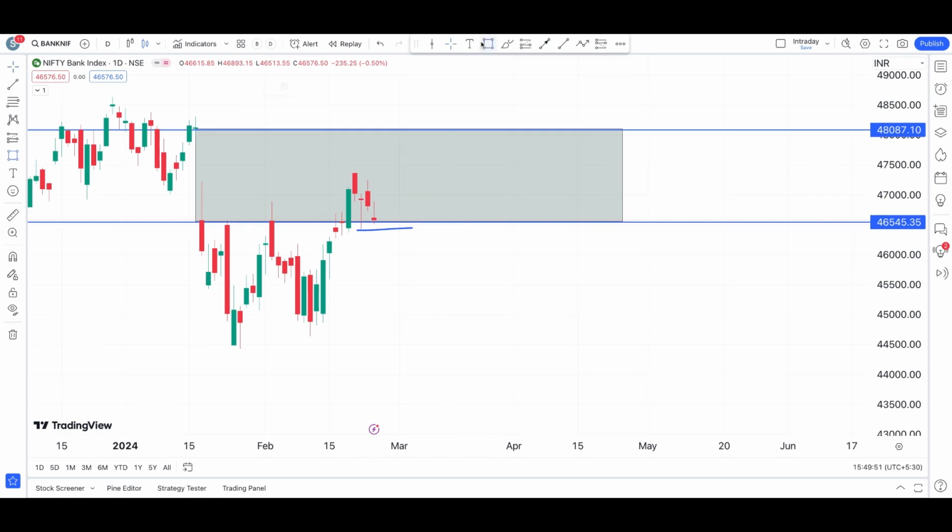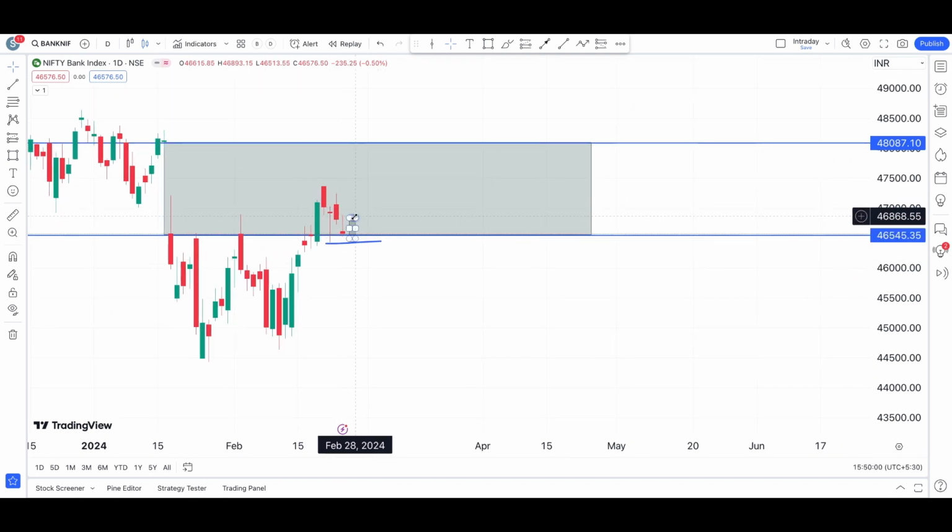And if you see a good green candle there, which could give us a bullish engulfing pattern, if you see any pattern like this, then we can aim the Bank Nifty towards these levels after small corrections here and there.